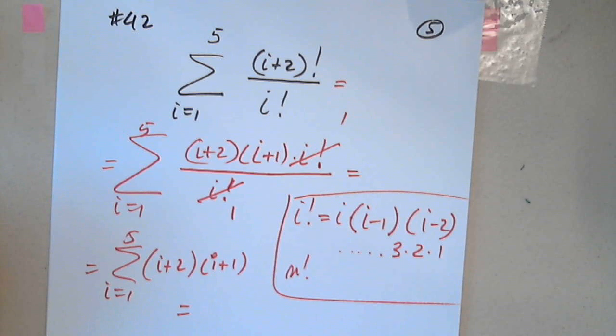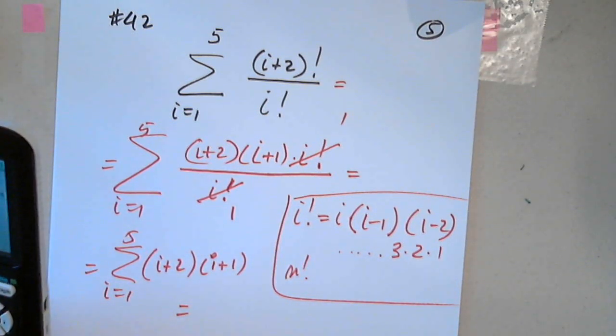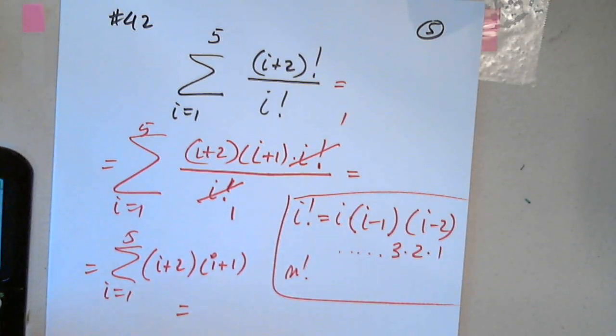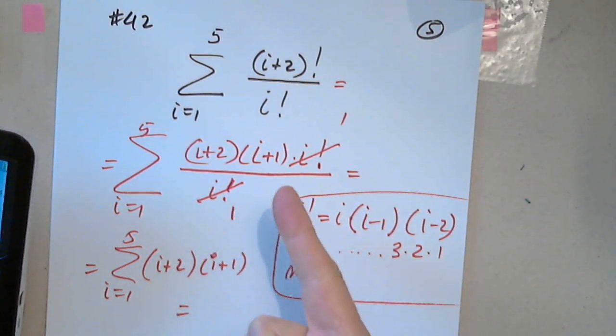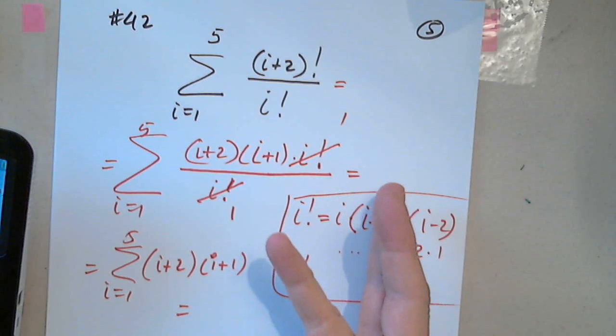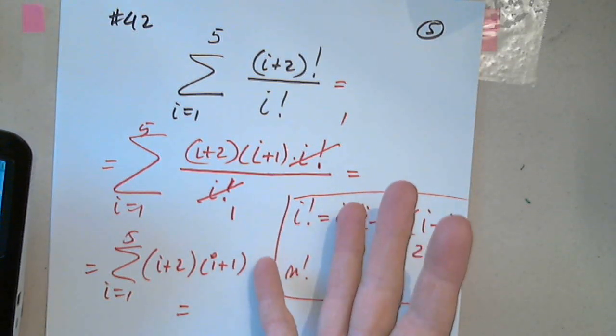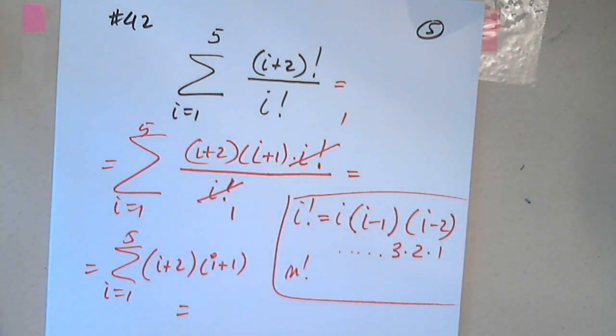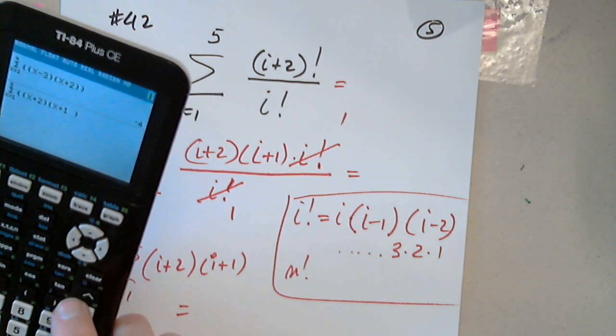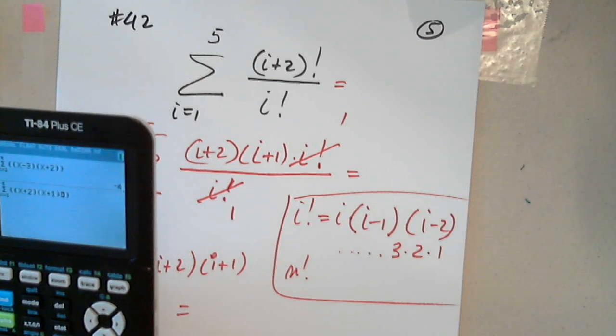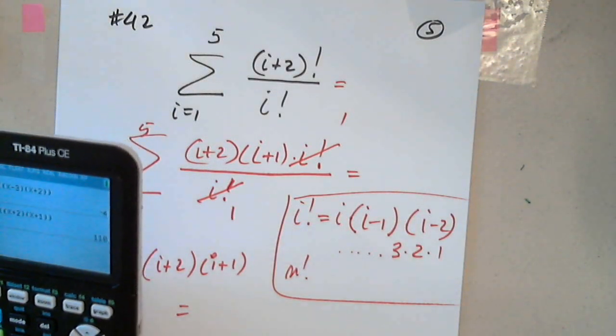How many terms will the sum have? 4. 1, 2, 3, 4. Very good. Okay, so (x plus 2)(x plus 1). Close the parenthesis. I press enter. I got 110.